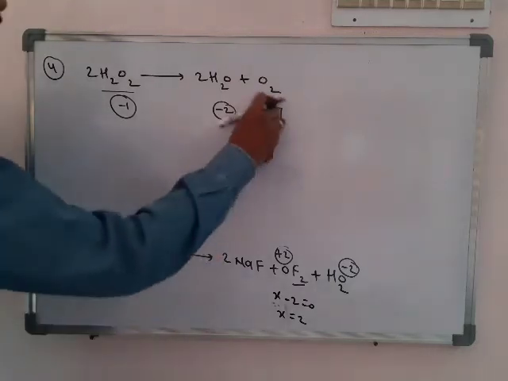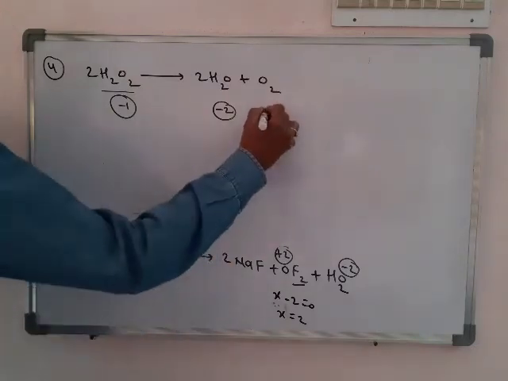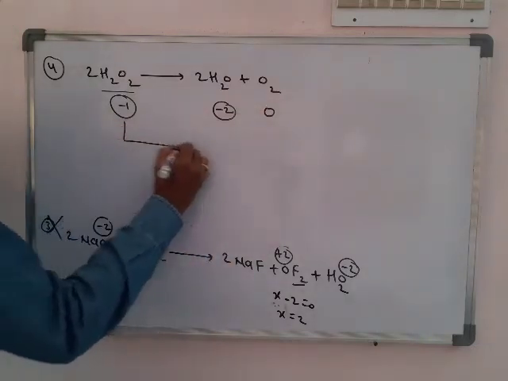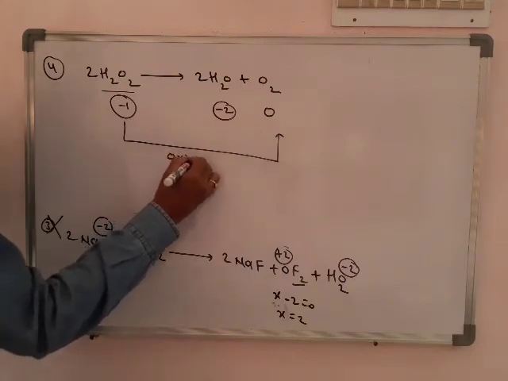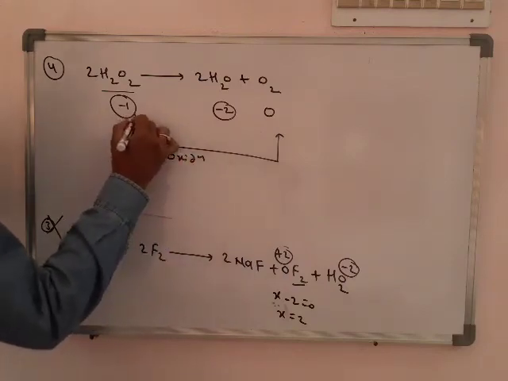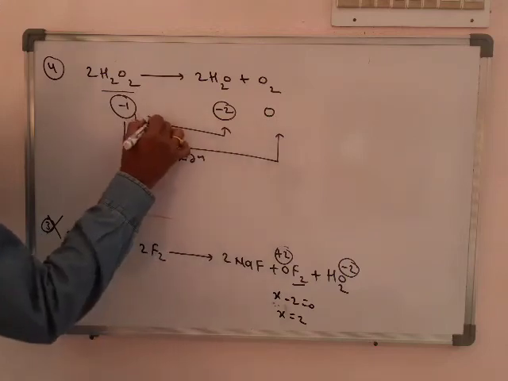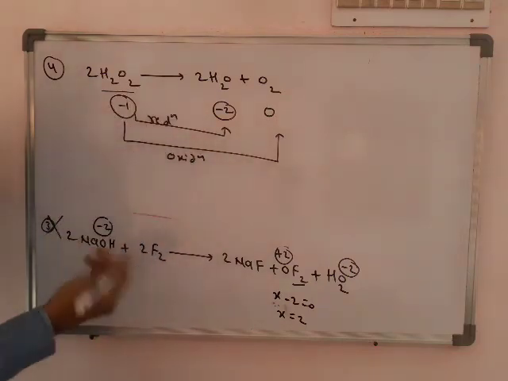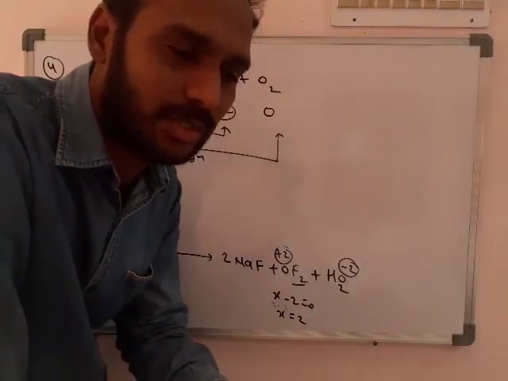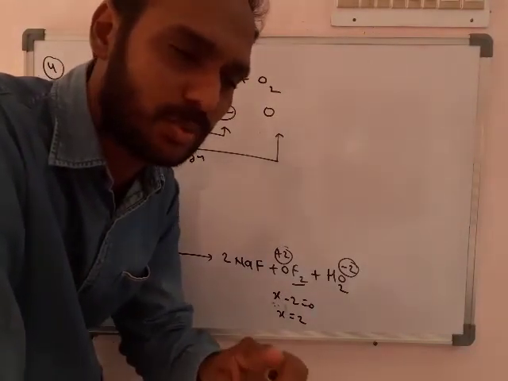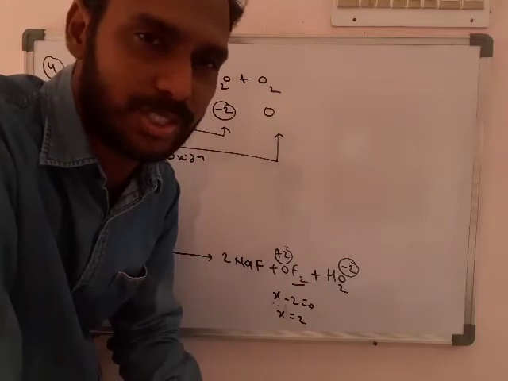The oxygen oxidation number 0. So see the oxidation number from minus 1 to 0, so increased. So it is the oxidation. Then oxygen minus 1 to minus 2 is an example for reduction. So here oxygen undergoes oxidation and also reduction. So it is also a disproportionation reaction.